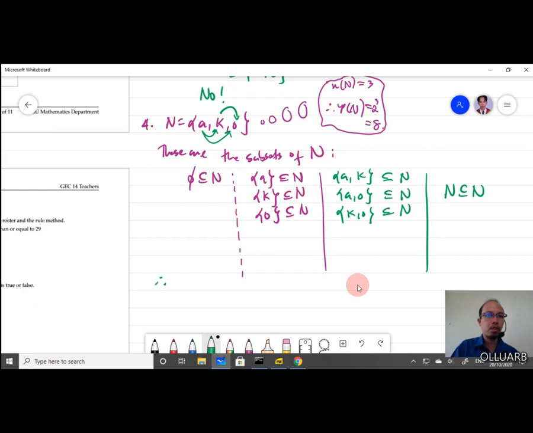So therefore the power set of N is this one. There are 8: 1, 2, 3, 4, 5, 6, 7, 8.